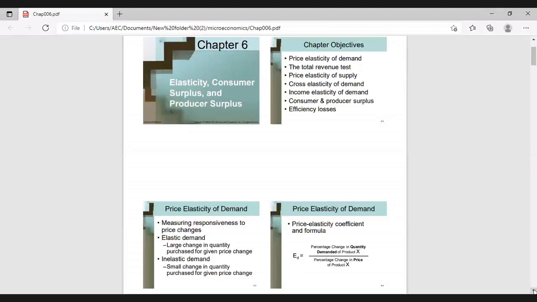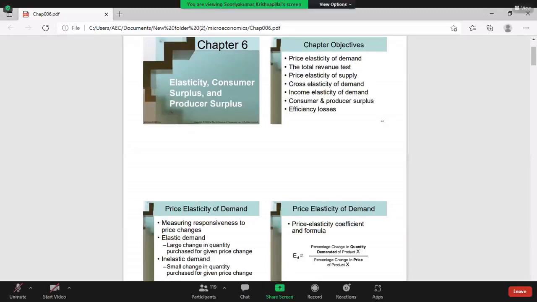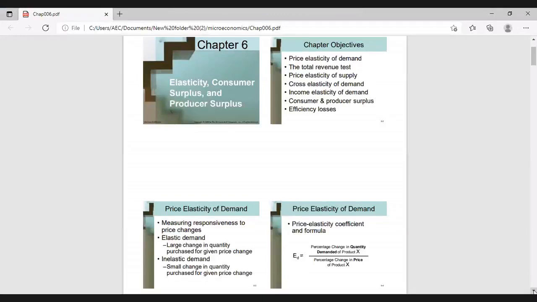The change is 1 divided by the initial price 4, so it is a 25% price change. When the price decreases from 5 to 4, the change is 1, but the initial price is 5, so the percentage change in price is 20%.